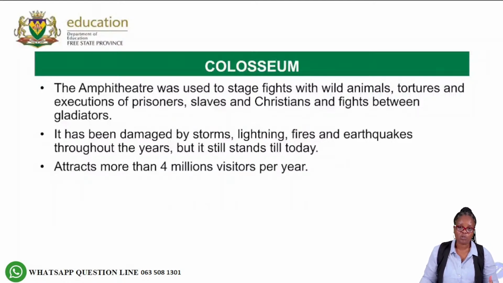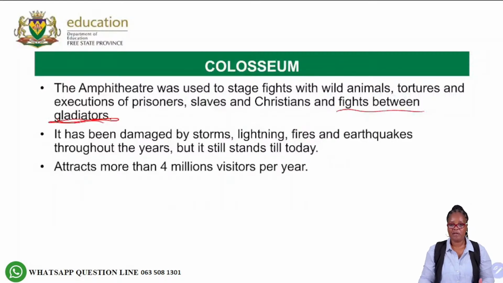To them, it was some sort of entertainment. The slaves and the Christians were also tortured in this Colosseum. Most of all, don't forget, there were fights between the gladiators. The gladiators would be fighting here as a form of entertainment to the Roman citizens.